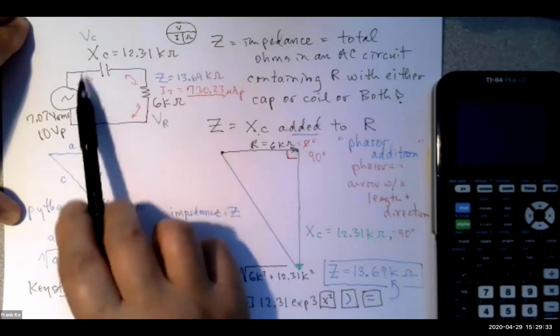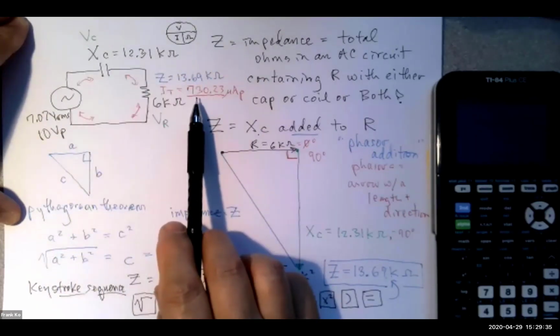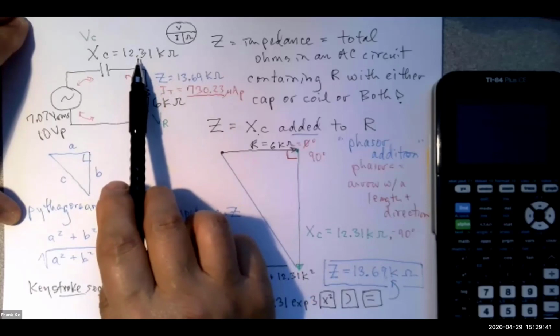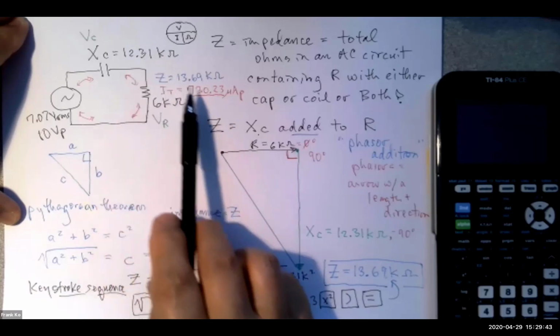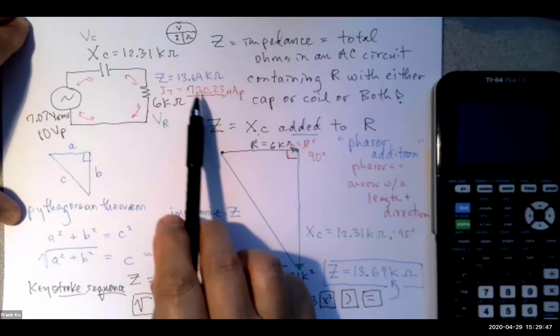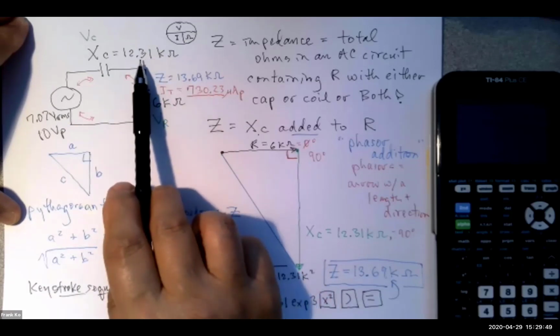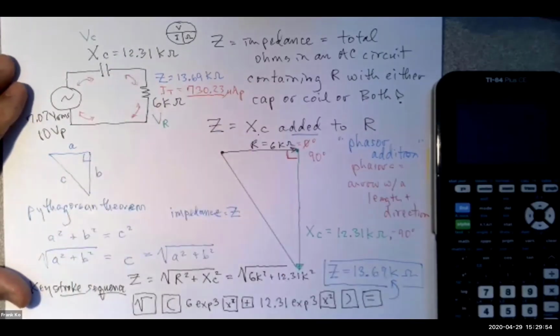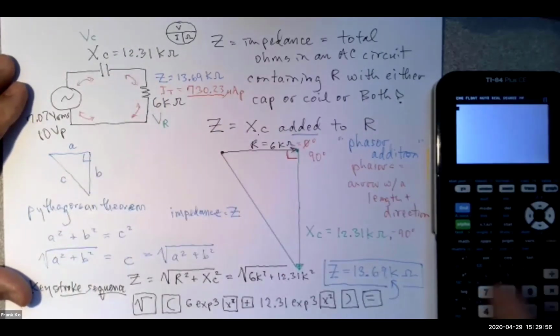Do I have a current going through the capacitor of 730.23 microamps peak? Done. Do I have ohms of that capacitor? Yes. So if I take this current, 730.23 microamps peak, and multiply by these ohms, can I calculate a peak voltage on that capacitor? Let's go ahead and do that.